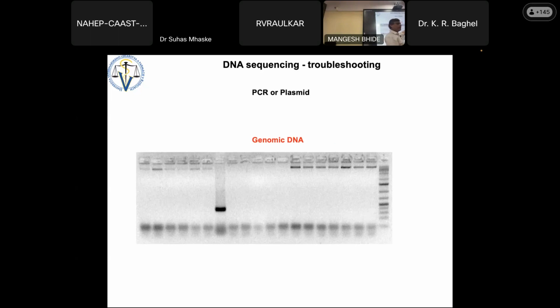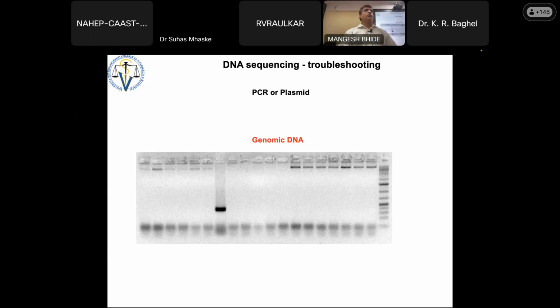This indicates that a lot of genomic DNA may inhibit your PCR reaction. There is always a range of input for how much DNA you should add. You should not add really a lot of DNA. This is a clear example of too much DNA.